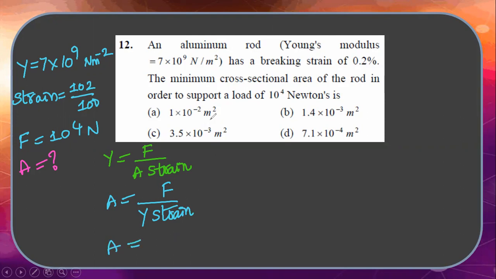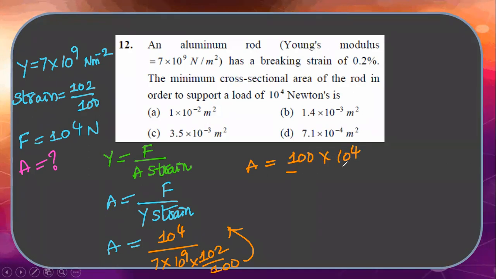Then A is equal to F, which is 10 power plus 4, divided by Young's modulus 7 into 10 power 9 into strain, which is given as 102 divided by 100. I'm bringing this to the numerator. Area of cross section A is equal to 100 into 10 power 4 whole divided by 7 into 102 into 10 power 9.